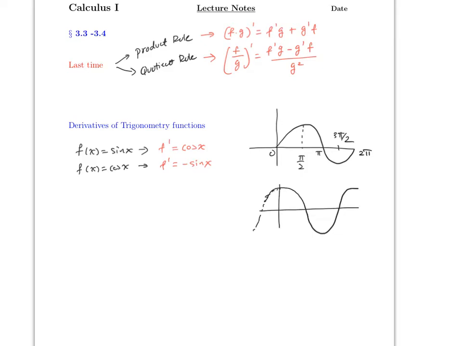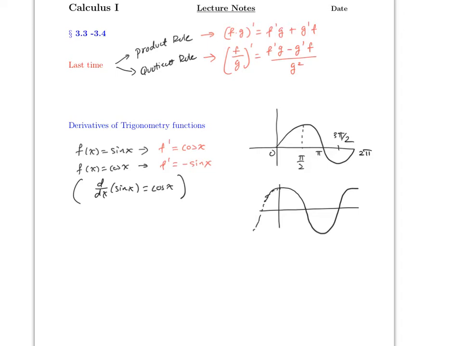So this is going to be the basis to remember any derivatives of trigonometric functions. The derivative of sine is cosine, and the derivative of cosine is minus sine. You can also use the notation that the derivative with respect to x of sine is cosine. It's exactly the same thing.